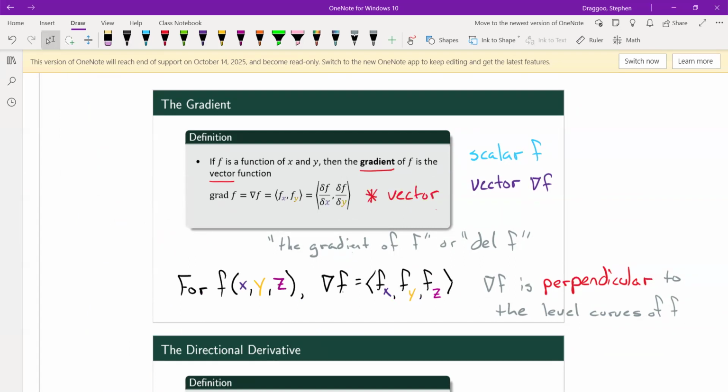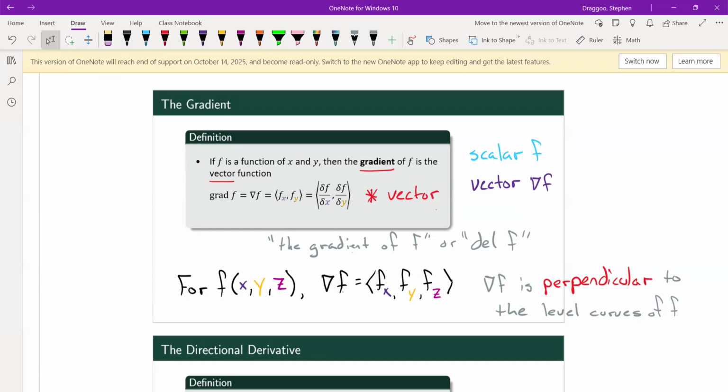So perpendicular to the level curves of my function. Again, those level curves being the contour lines that we were just looking at, with either the elevation example or the ripple moving through water example. My gradient gives me something that's perpendicular to all my level curves, which means if I'm thinking of that whole thing as a surface, my gradient should be normal to the surface.